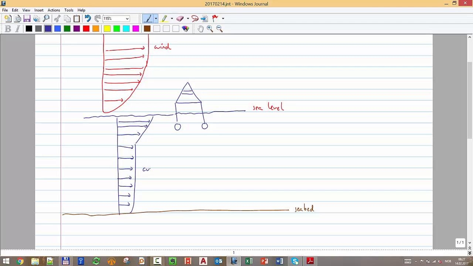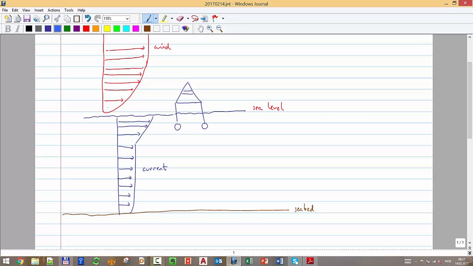So that's what we call current. If the exposed area of the structure below the surface is big, then the current might be important.